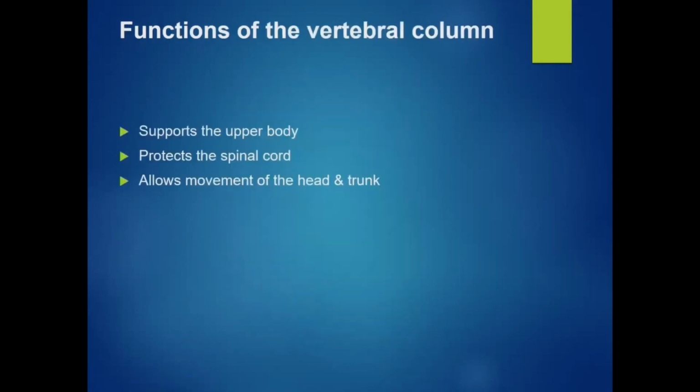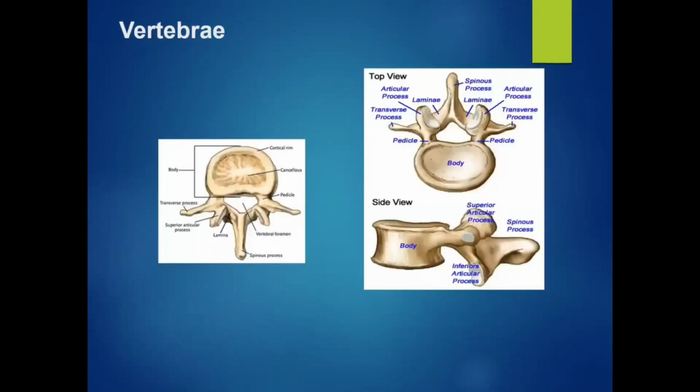The functions of the vertebral column are to support the upper body, protect the spinal cord, and also allow movement of the head and the trunk. The vertebrae themselves are just a series of small bones.